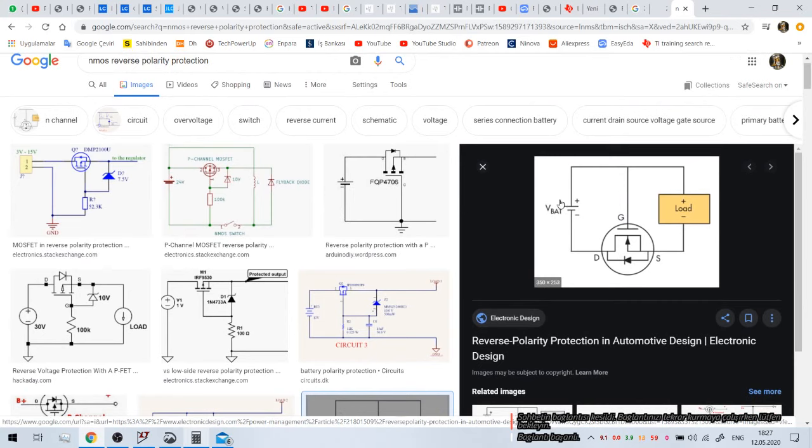You can see if a battery or power supply is connected correctly, current will flow here and gate voltage will increase. So if the gate-source voltage is higher than the threshold voltage, this MOSFET will start conducting and it turns into only a resistance, not a diode.